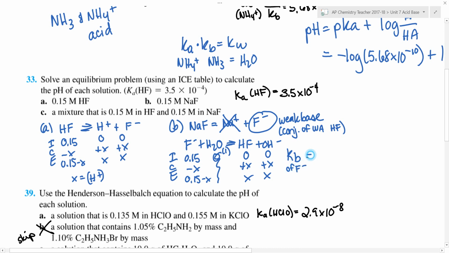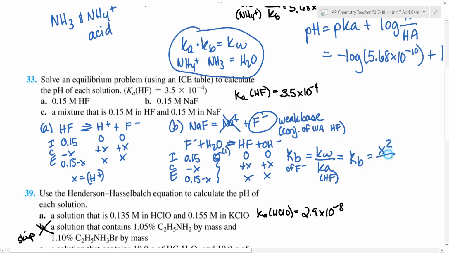To find the Kb of F minus, I'm going to use the conjugate acid-base relationship we just talked about: Kw divided by the Ka of HF. That will give me the Kb. I don't know that number off the top of my head, but it's going to be x squared divided by 0.15 minus x. You solve for x, which gives you the hydroxide concentration, and you can find pH from there.